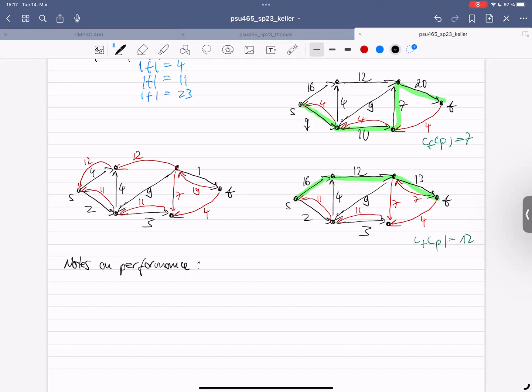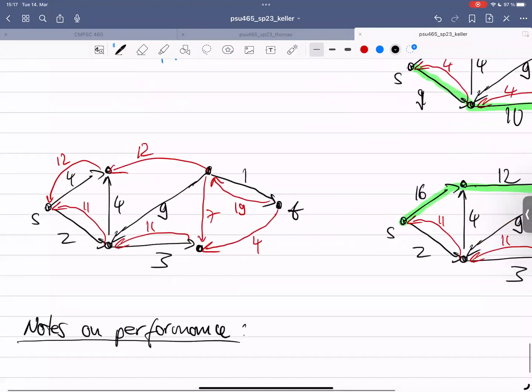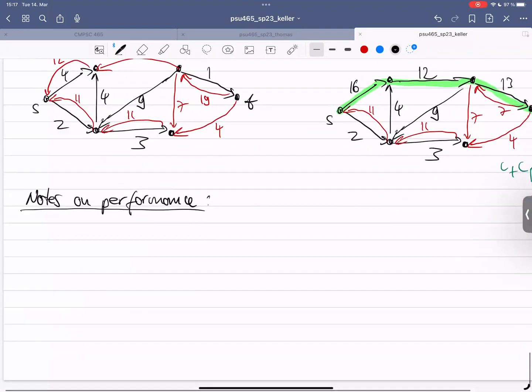So, notes on performance. First observation that we made is that the flow increases. And by how much does it increase in every iteration? We can actually specify the amount by how much the flow increases in each iteration. I mean, amount not in terms of a number, but by a variable.